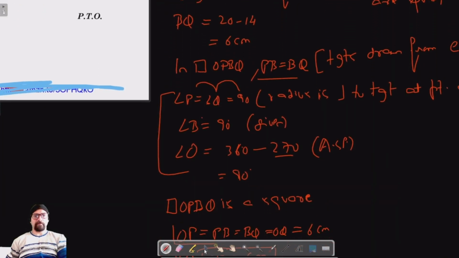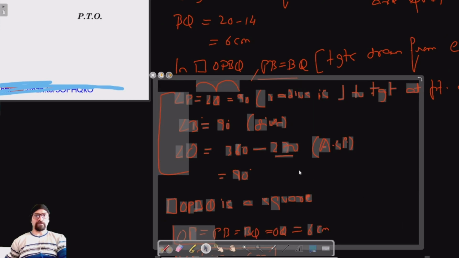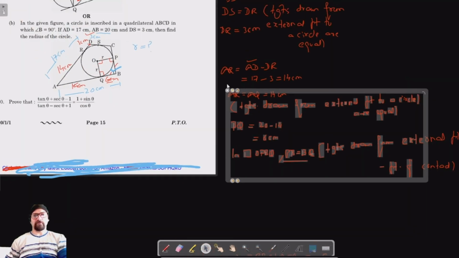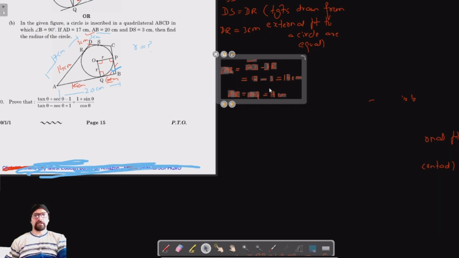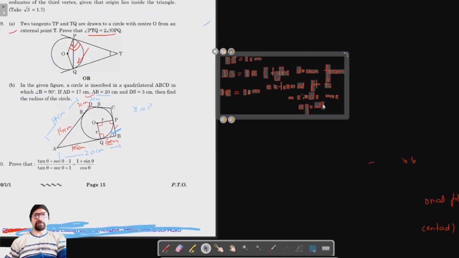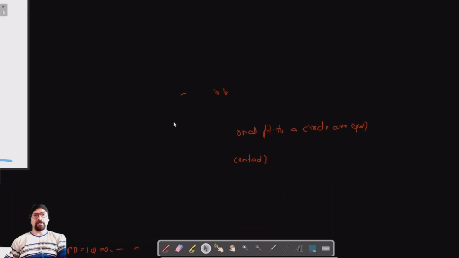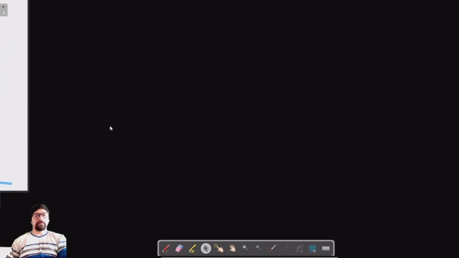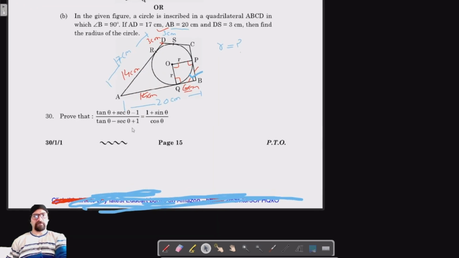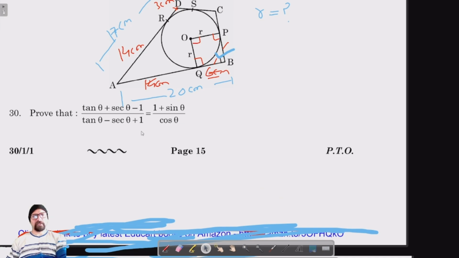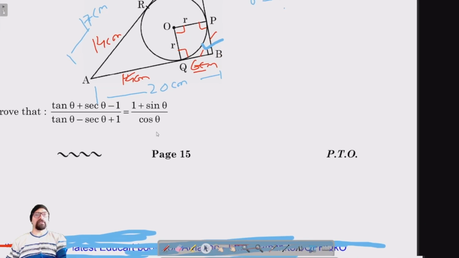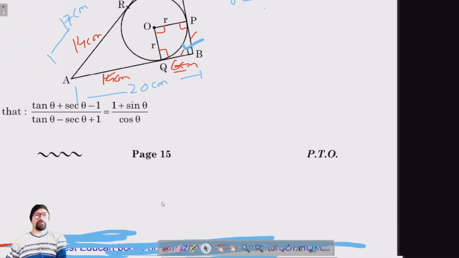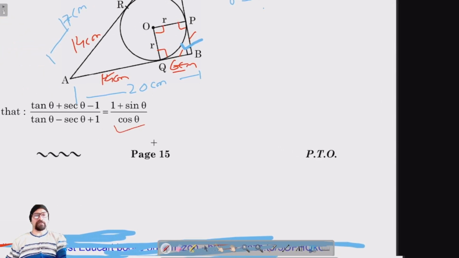Okay, so let's try to solve question number 30, in which we have to prove the given trigonometric identity. We have to prove that (tan theta plus secant theta minus 1) upon (tan theta minus secant theta plus 1) is equal to (1 plus sin theta) upon cos theta.